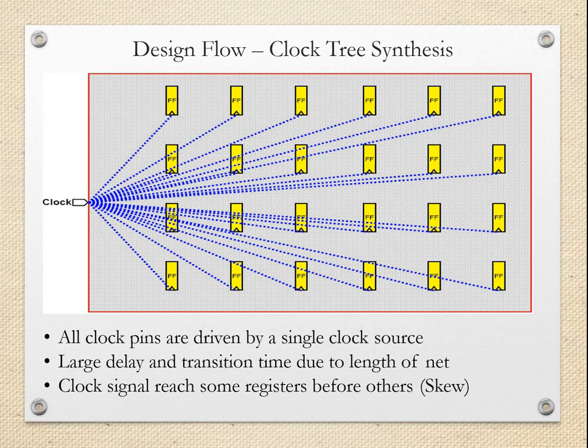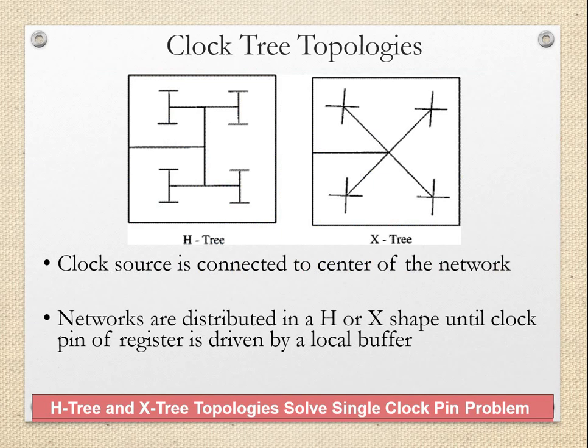That is called clock tree synthesis. In that case, the path delays will be equalized so that the clock will reach all the memory elements at the same time. These are some of the clock tree topologies in which it is tried to keep the path delay equal in each corner of the chip.